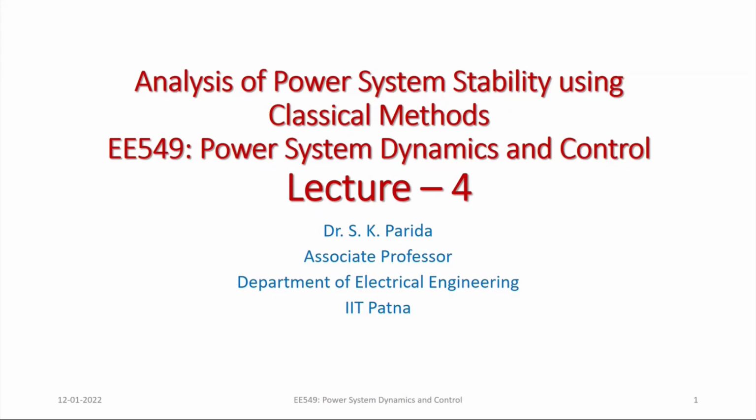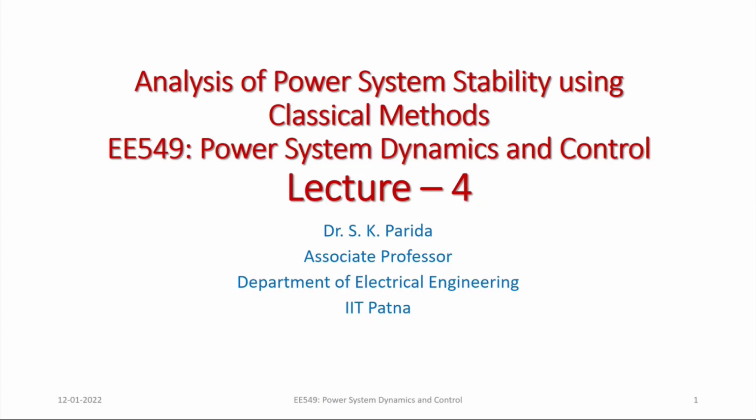So we'll continue the analysis of power system stability using classical methods. Yesterday we started the transient stability analysis. We discussed the small signal stability of a single machine infinite bus system, and also started the transient stability analysis.